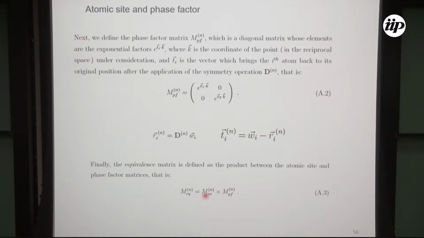This is kind of hidden in the literature, because most books treat very well the point symmetry, which is like the gamma point, the center of the Brillouin zone, because it's for molecules. But for crystals, this is usually at the end of the book, and kind of hidden there.